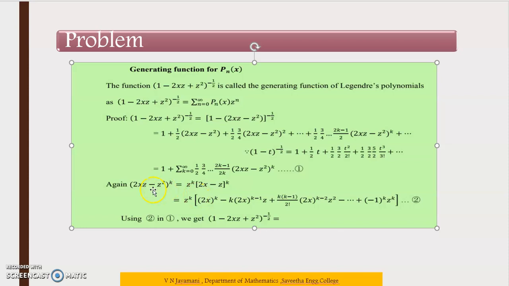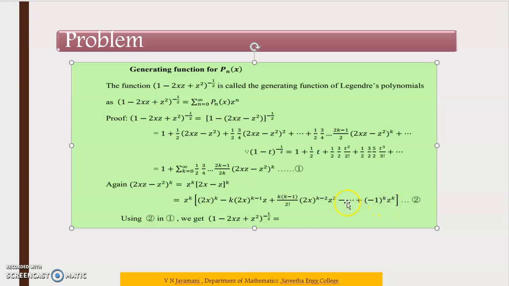From these two terms, take z outside, so we can write z power k into (2x minus z) whole power k. Here (2x minus z) whole power k can be written as (2x) power k minus k (2x) power k minus 1 into z plus k(k minus 1) by 2 factorial (2x) power k minus 2 into z squared plus etc., plus (minus 1) whole power k into z power k.